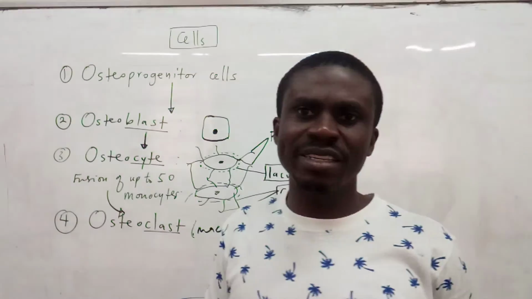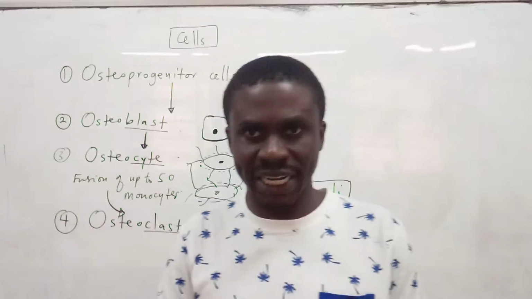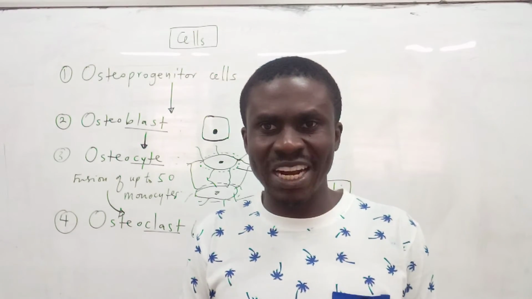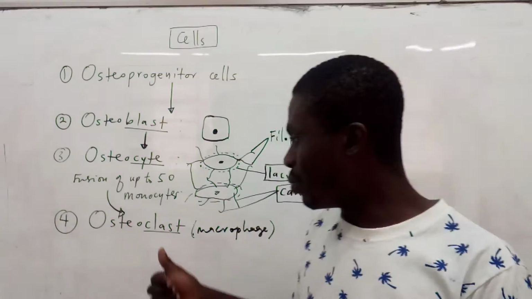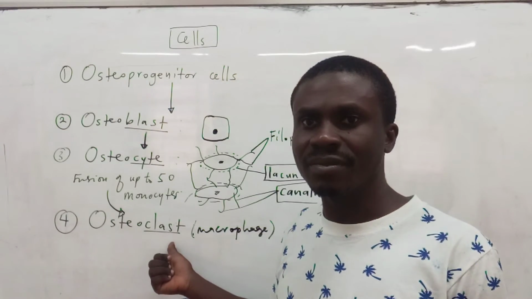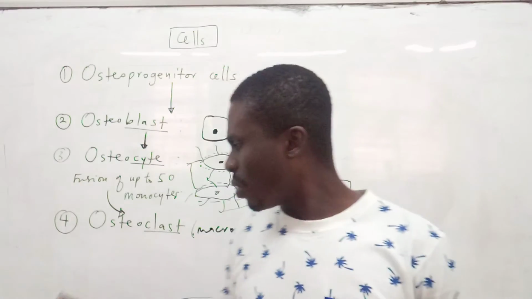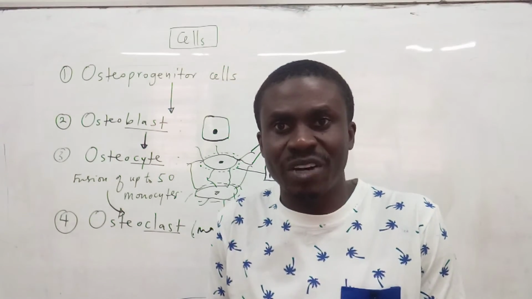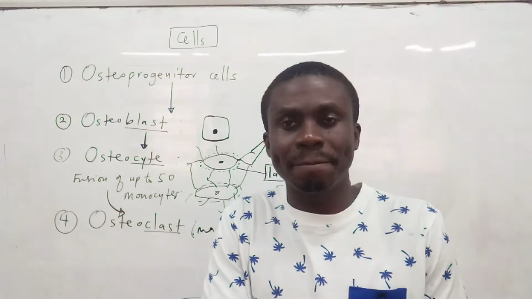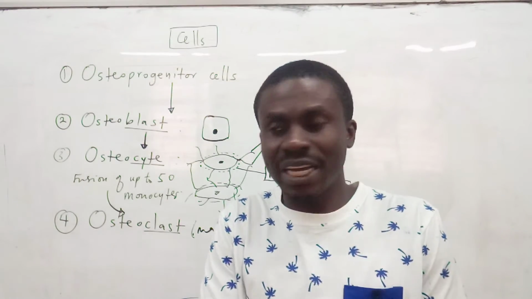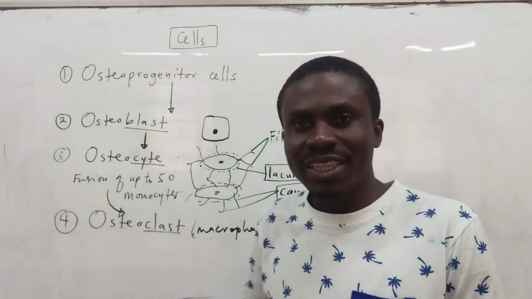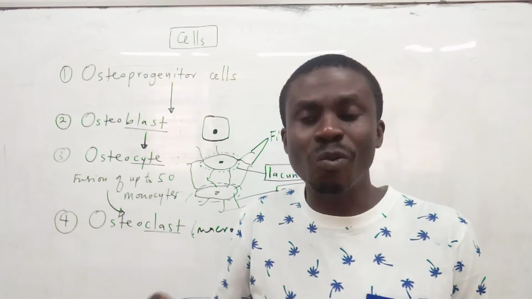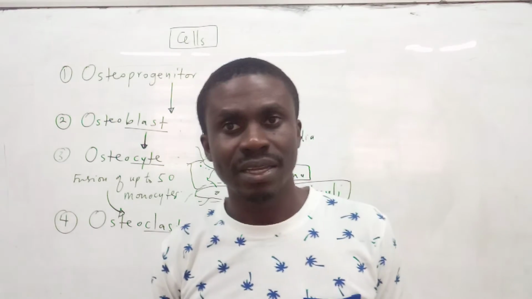Now one thing is that I'll teach you something on bone remodeling. As you are sitting there right now, there's bone breakdown and there's bone formation. Bone breakdown by who? By the osteoclast. For this osteoclast to break down the bone, what it means is that we are breaking down the bone, then releasing the mineral matrix and sending it into the blood. Which means that in osteoclast activity, the calcium concentration in the blood will increase, while the calcium content in the bone will decrease.